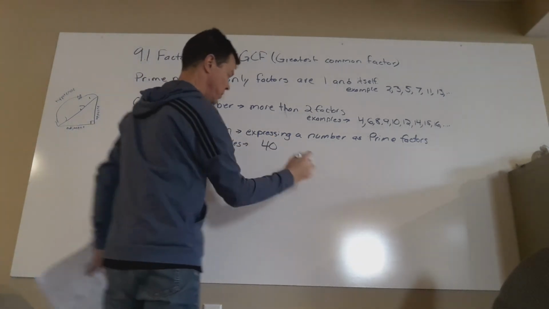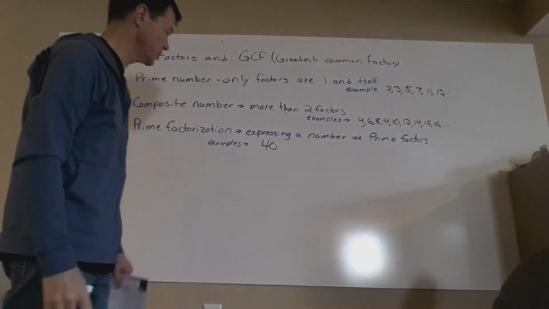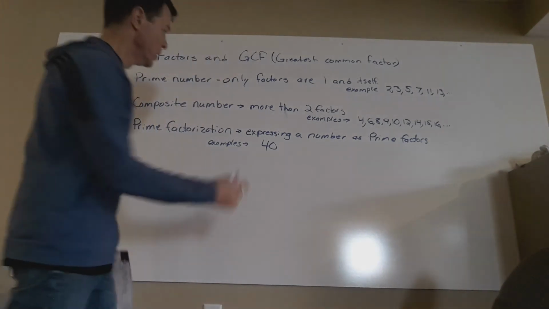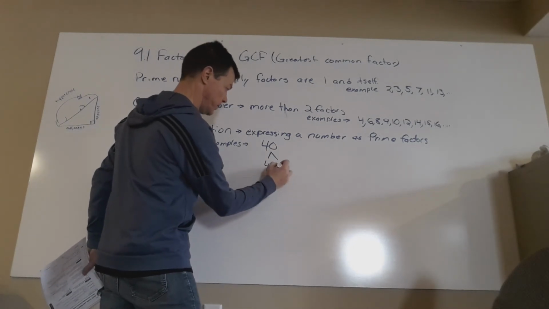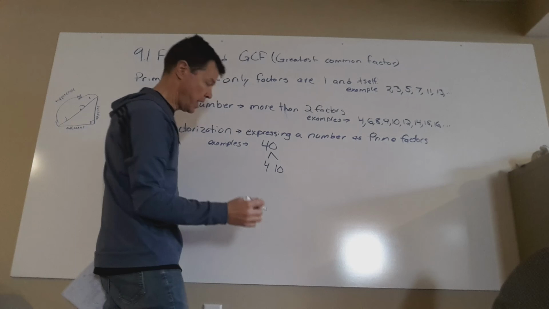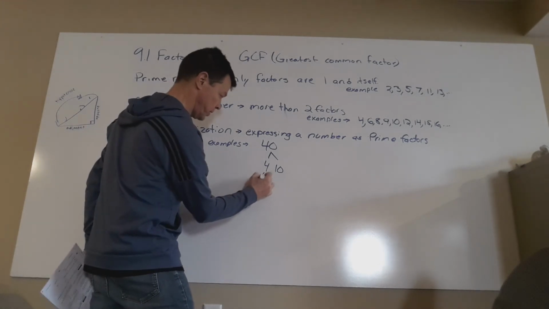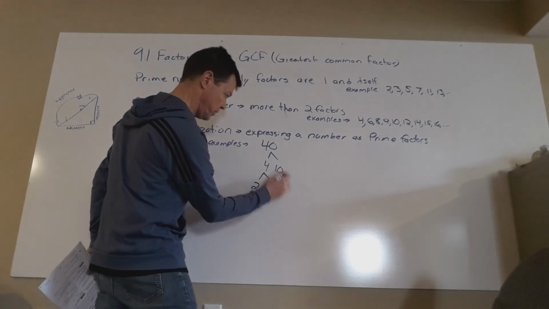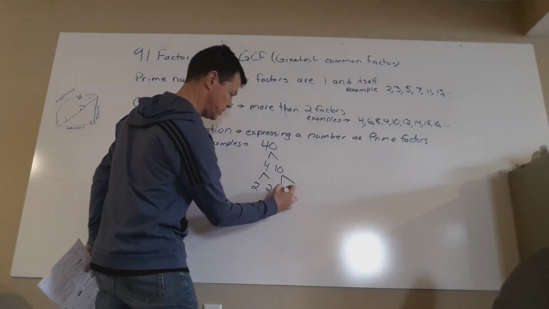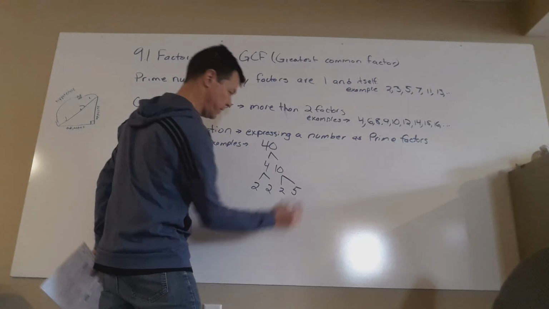40. If we want to express 40 as prime factors, obviously 40 is not prime, but let's just look at 2 factors of 40. We might have 4 and 10. 4 and 10 are not prime, so keep looking for more factors of these. 2 and 2 for the 4. 10 is going to be 2 and 5.